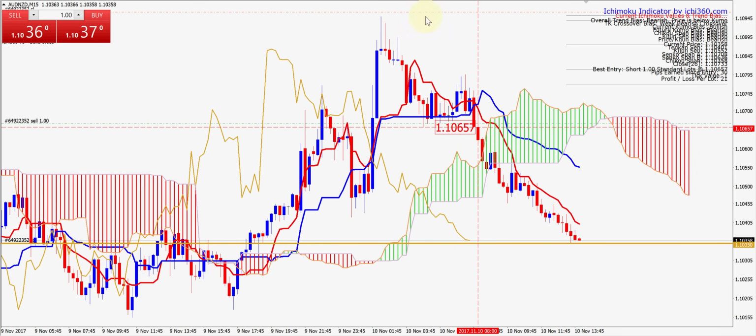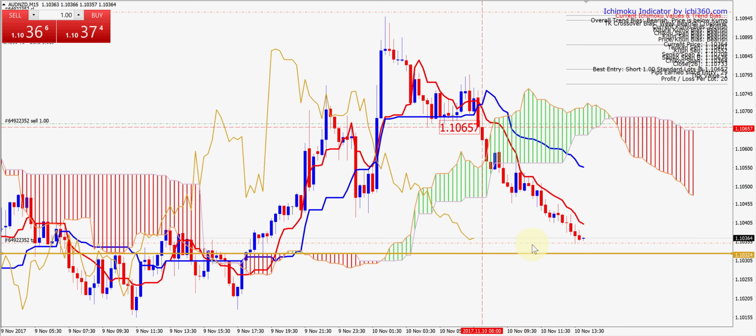Our stop loss is on this high here above the last swing high, and our take profit is on this line here.